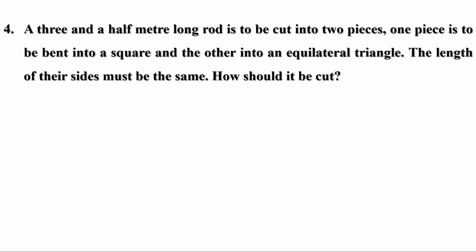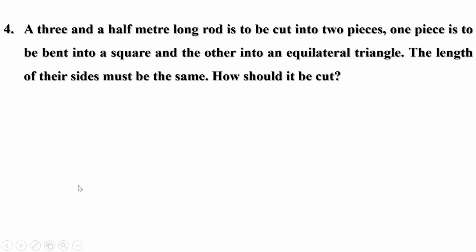Therefore, length of one side is half meters. There are 4 sides for a square. Therefore, the perimeter of the square is 4 into half or 2 meters. There are 3 sides for an equilateral triangle. Therefore, the perimeter is 3 into half or 1.5 meters. That means the length of the pieces are 2 meters and 1.5 meters.